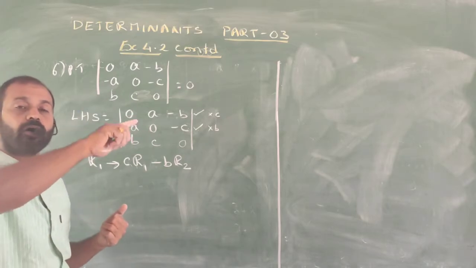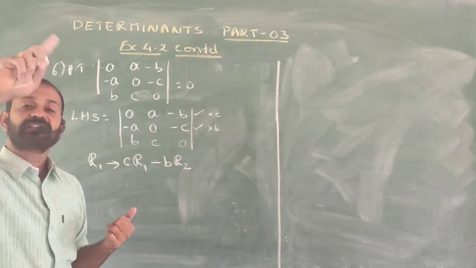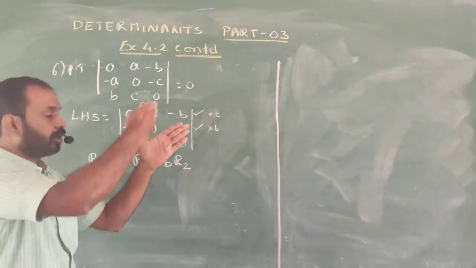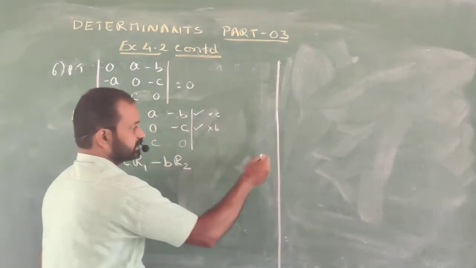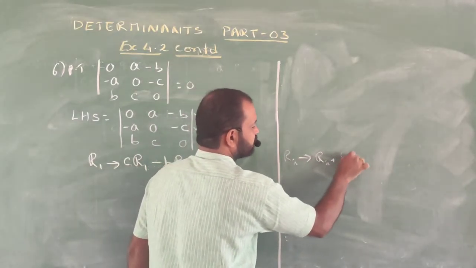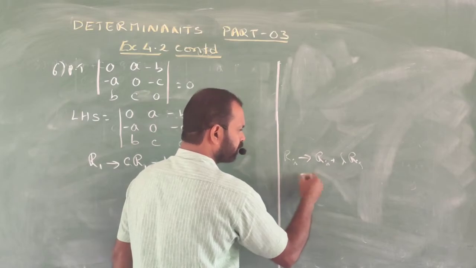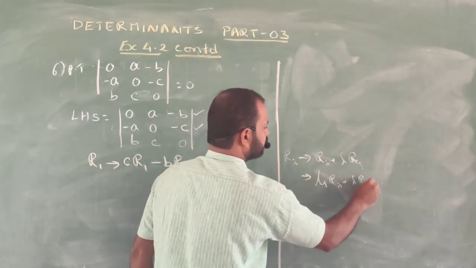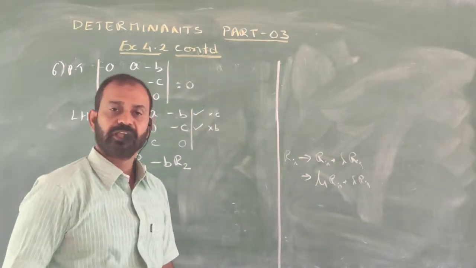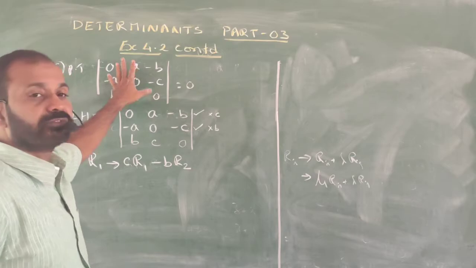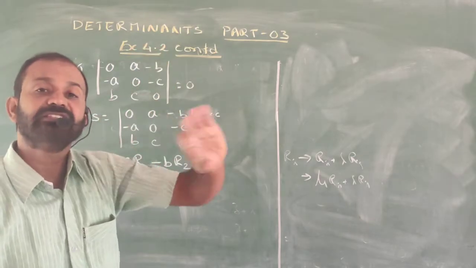If you apply Ri as Ri plus lambda Rj, or you can write it as mu Ri plus lambda Rj, it is one and the same. When you apply such kind of operations, the value of the determinant remains unchanged.